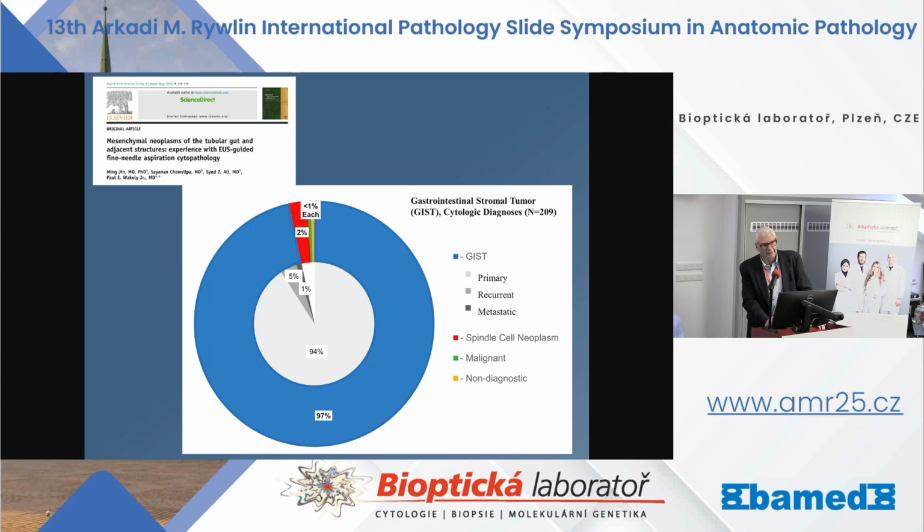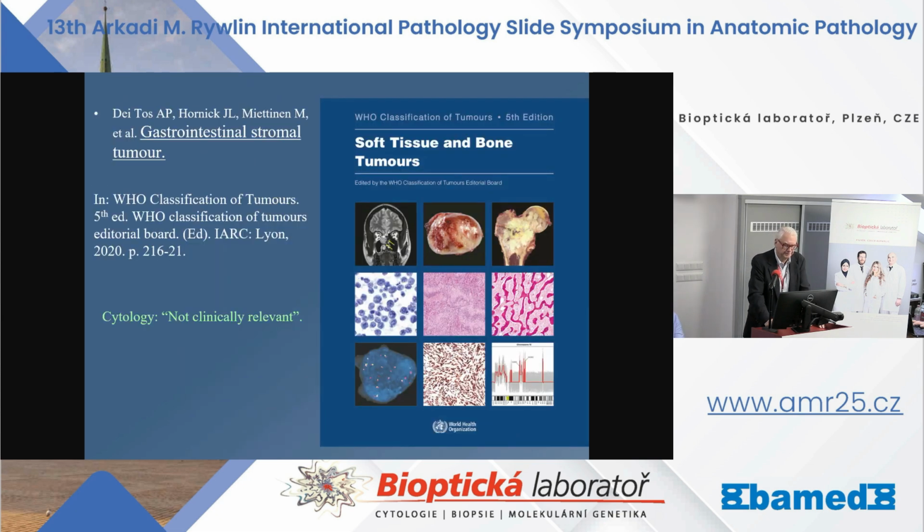Now, the latest iteration that's published for the WHO classification of soft tissue tumors was in 2020, 5 years ago. And the authors there, Dr. Dei Tos, Dr. Hornick, and Dr. Miettinen, under gastrointestinal stromal tumor, say cytology, not clinically relevant.